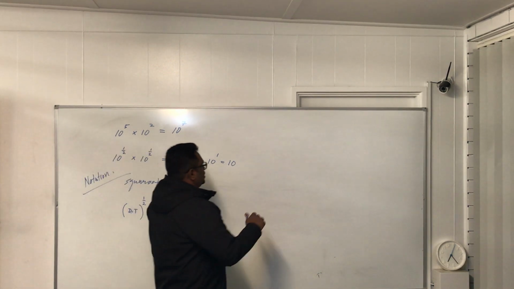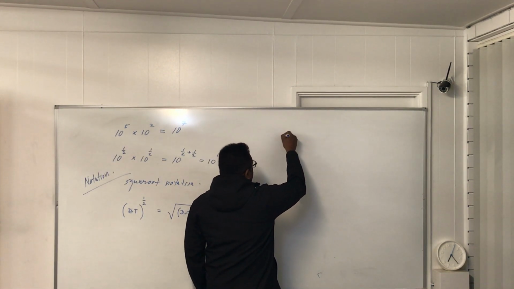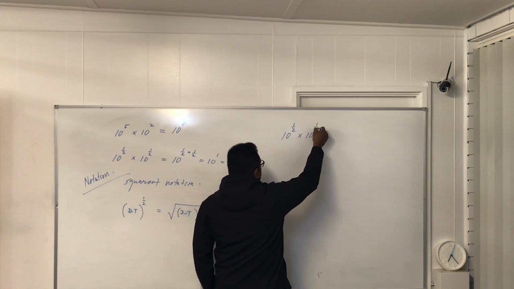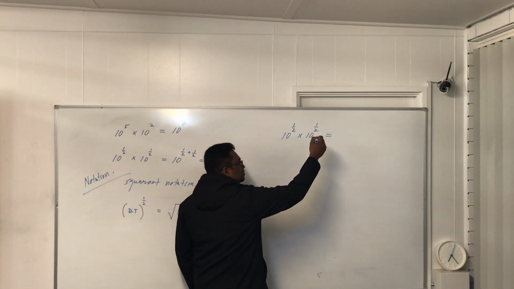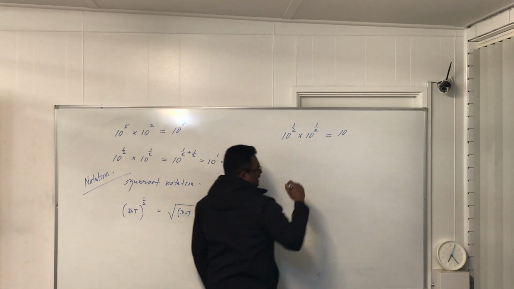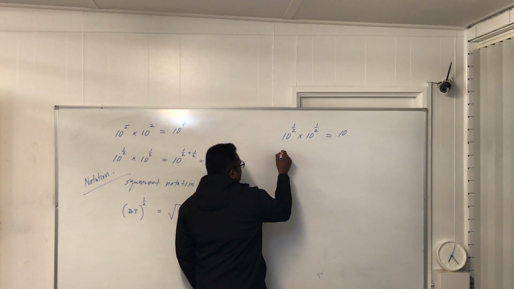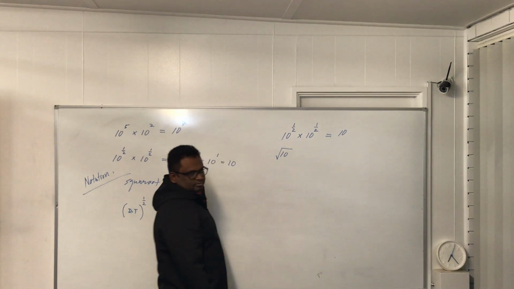Now, just a while ago, you told me 10 raised to the power half multiplied with 10 raised to the power half. What is the answer? 10. Now, 10 to the power half, can I write in this way? 10 square root. You get the notation?